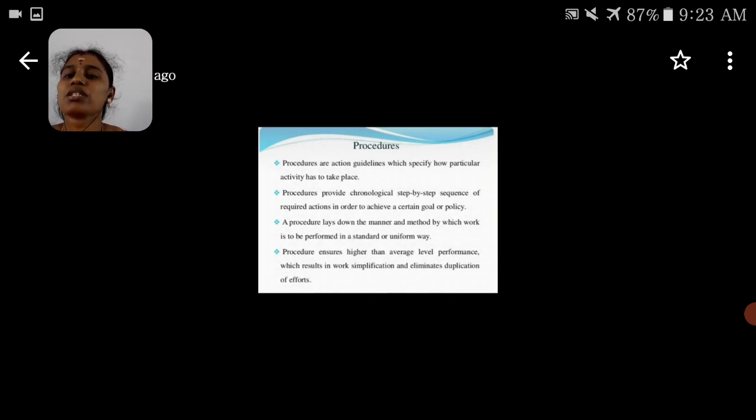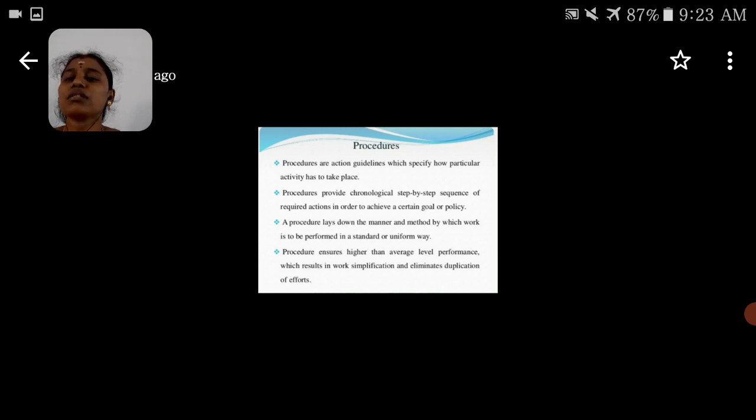Next one is procedures. Procedures are action guidelines which specify how a particular activity has to take place. Procedures provide a chronological step-by-step sequence of required action in order to achieve a certain goal or policy.